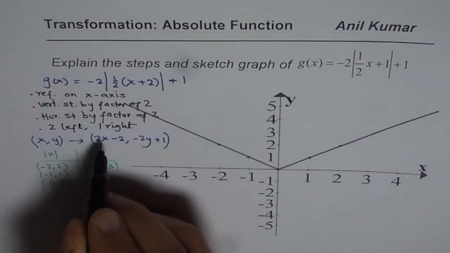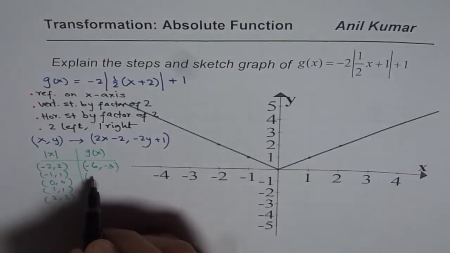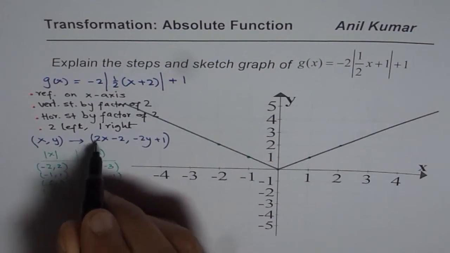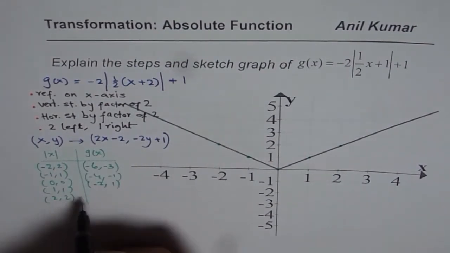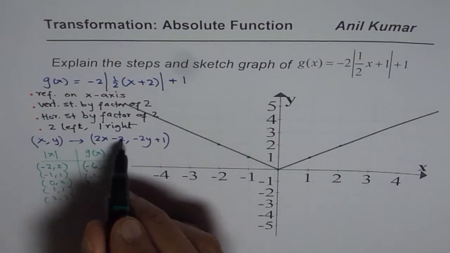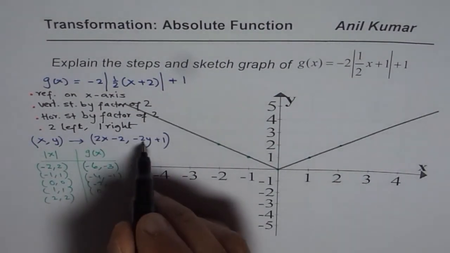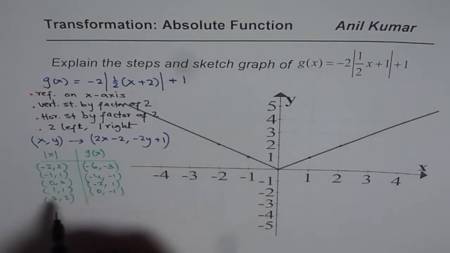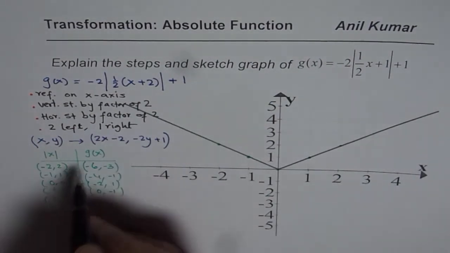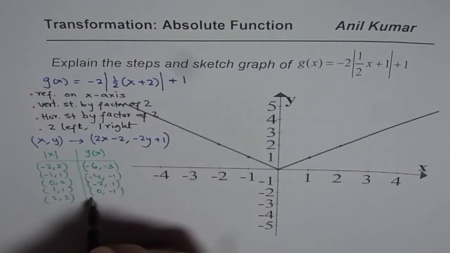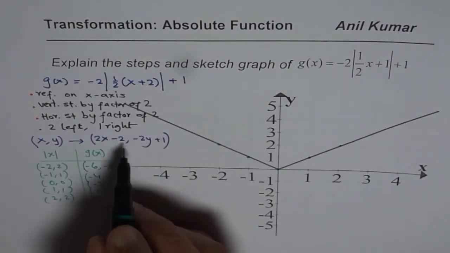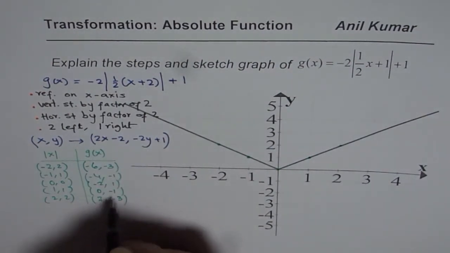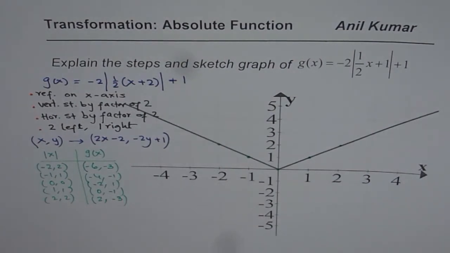Minus 1 gives minus 2, and minus 2 minus 2 is minus 4; y gives minus 2 plus 1, which is minus 1. 0, 0 will give us minus 2 and 1. 1, 1 will give us 2 minus 2 as 0, and 1 here will give us minus 1. For 2, 2 times 2 is 4, 4 minus 2 is 2, and here minus 4 plus 1 is minus 3. So these are the transformed points.